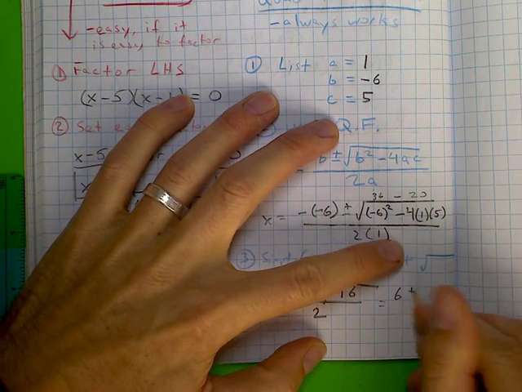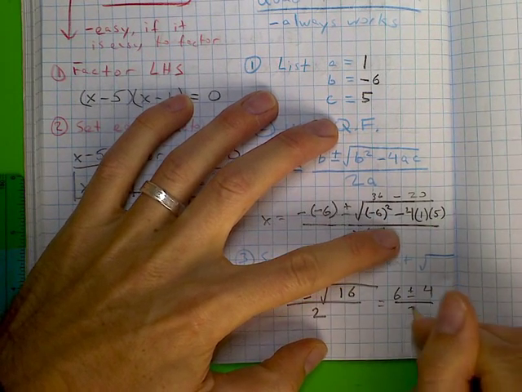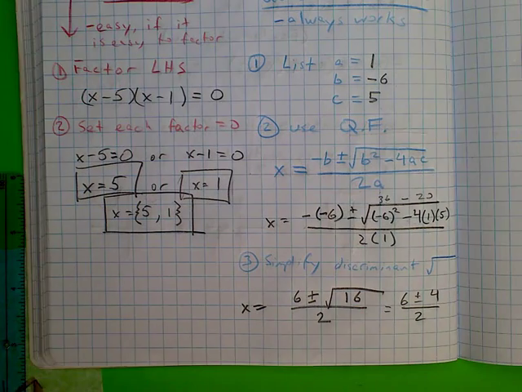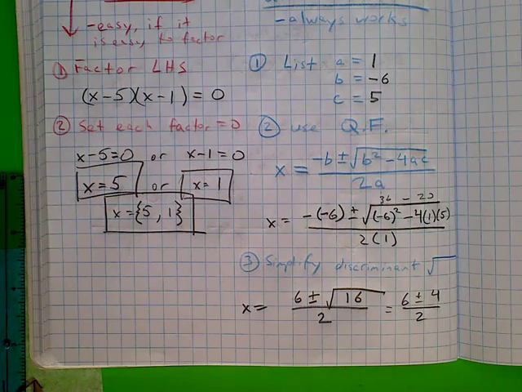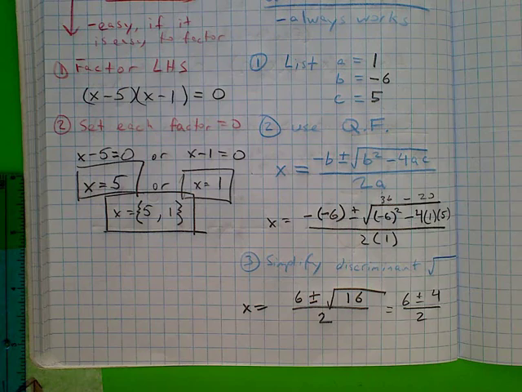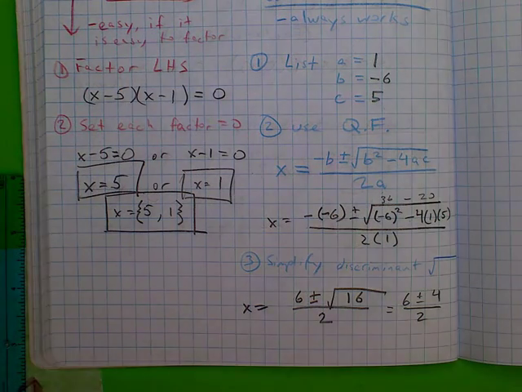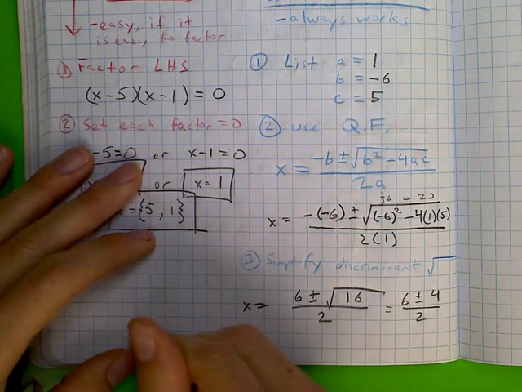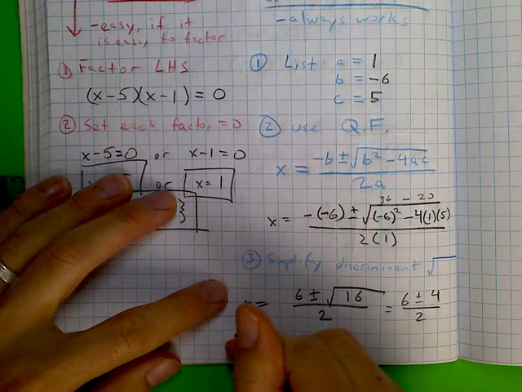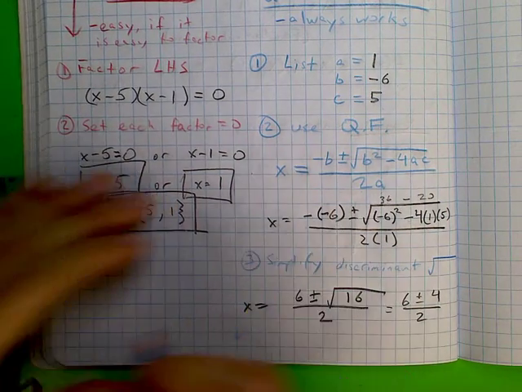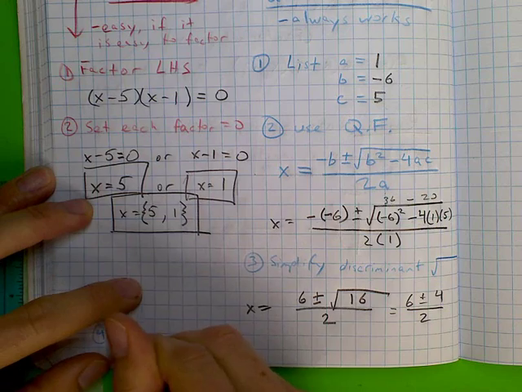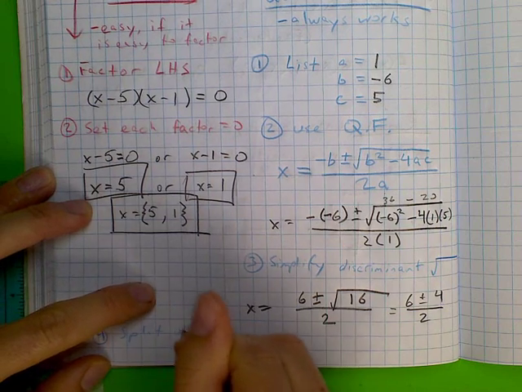So that's 6 plus or minus 4 divided by 2. Now I'm going to split this up into 2 separate answers. So we have 2 different answers here. So step 4, split it up.